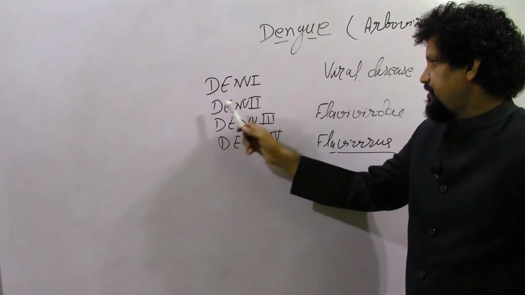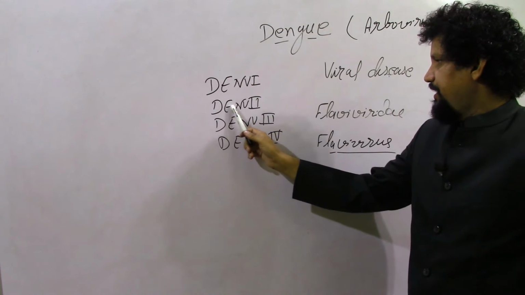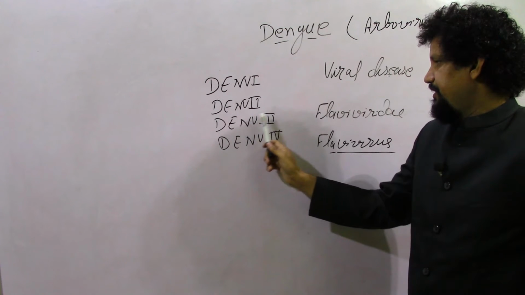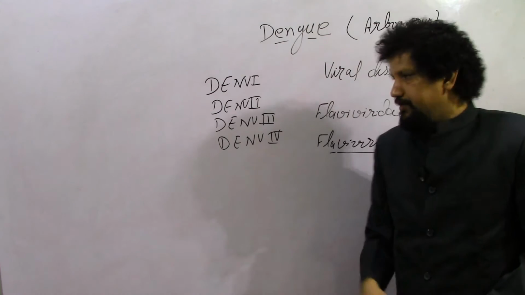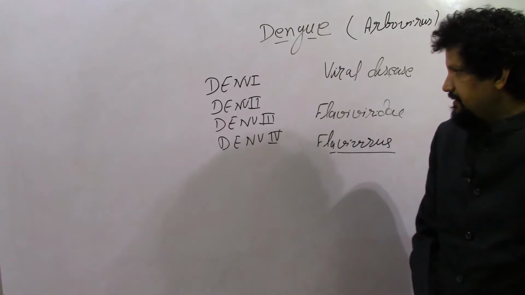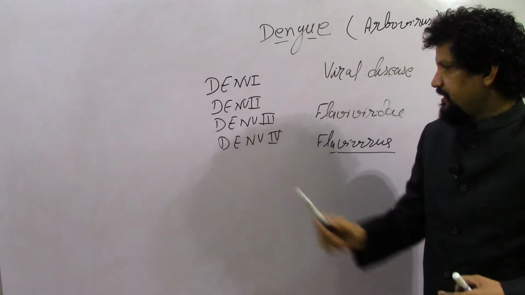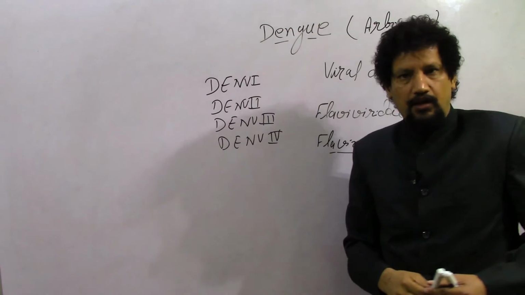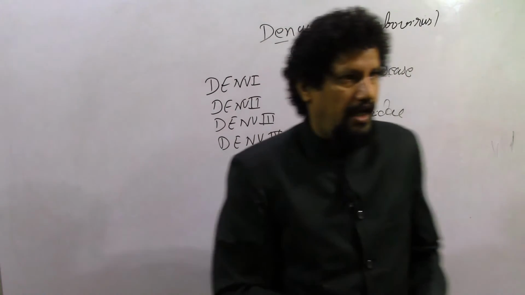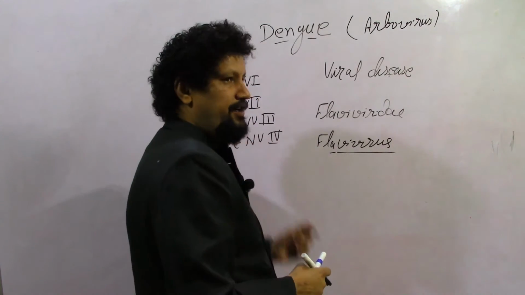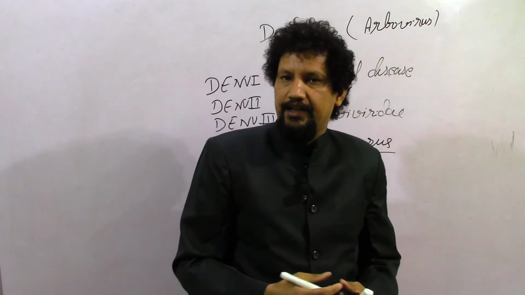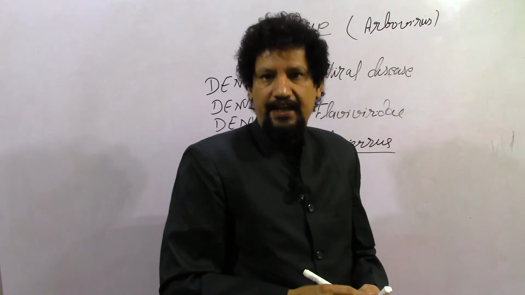They are DEN1, DEN2, DEN3 and DENV4. Serotype 2 is the virus causing the most fatal febrile illness, and most epidemics are caused by DENV3, that is the third serotype of the dengue virus.